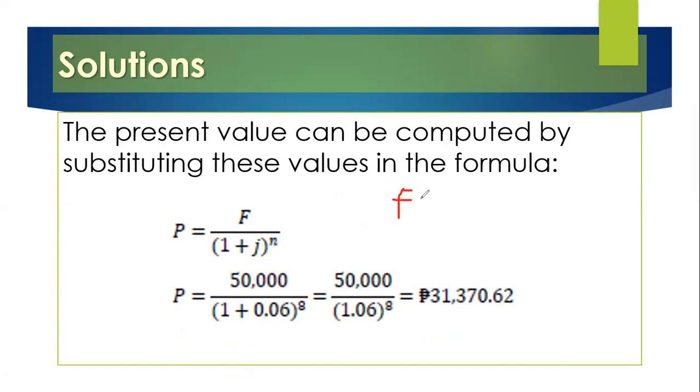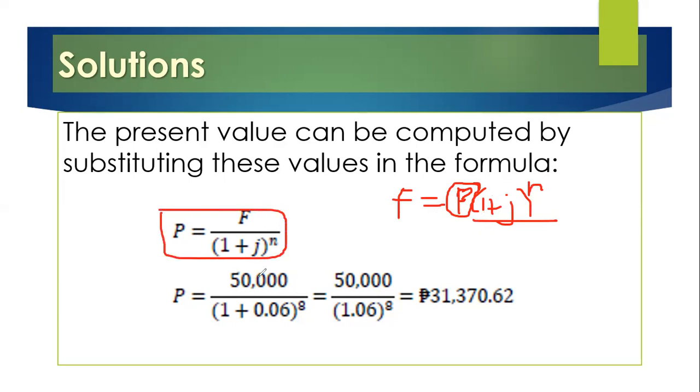We have formula of F is equal to P times 1 plus J raised to N. So, yung P yung hinahanap ko. So, yung P yung ihiwalay natin sa kabilang side na equation. So, itong buong to is bababa. So, 1 plus J raised to N. So, F over 1 plus J raised to N. Kaya po naging ganyan yung formula.